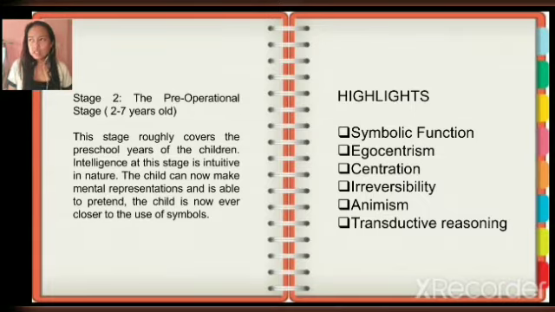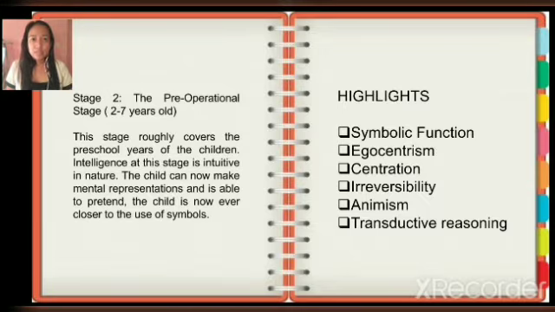And then the key teaching strategy in this stage is developing object permanence or object constancy, the understanding that objects continue to exist even when they cannot be seen was an important element at this point.